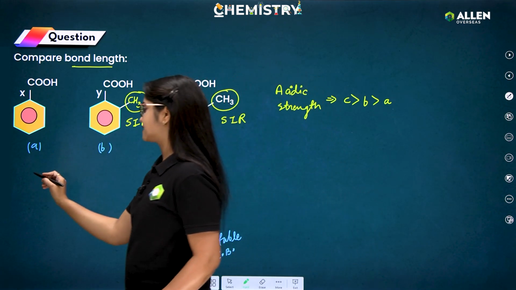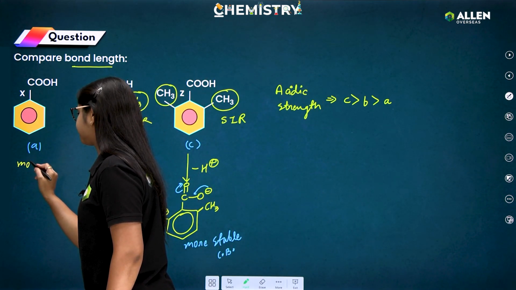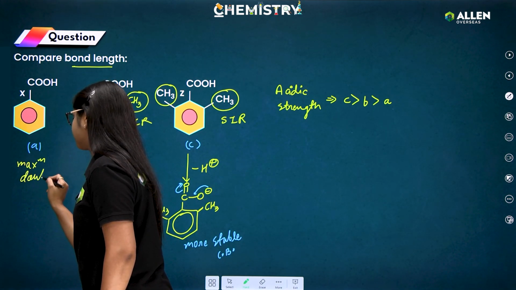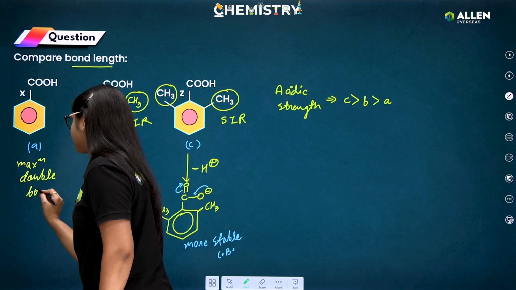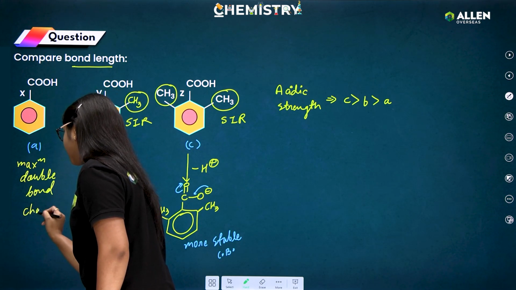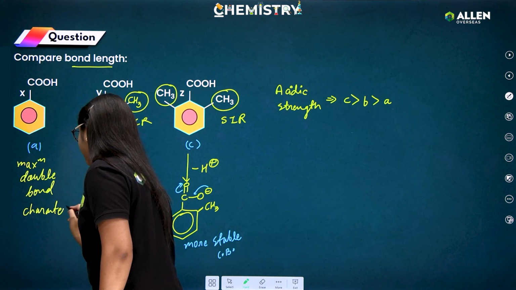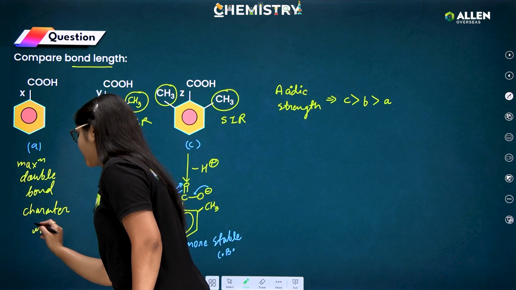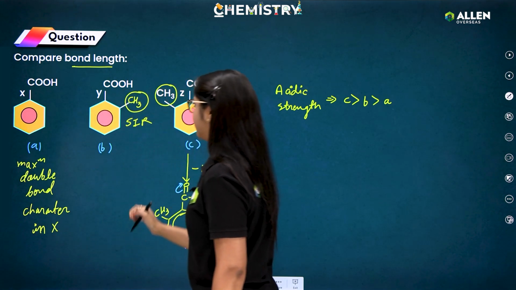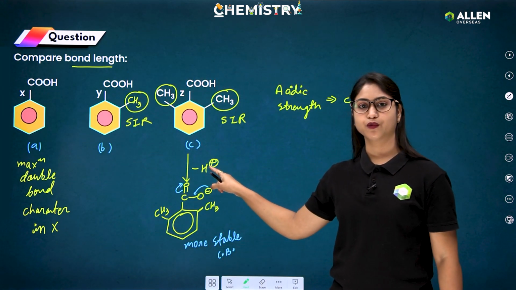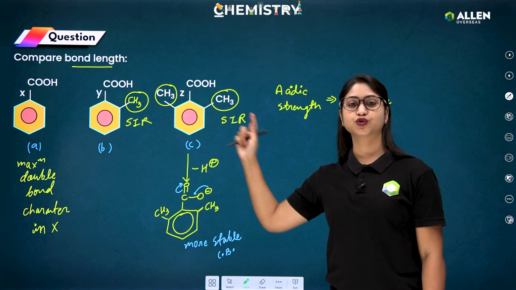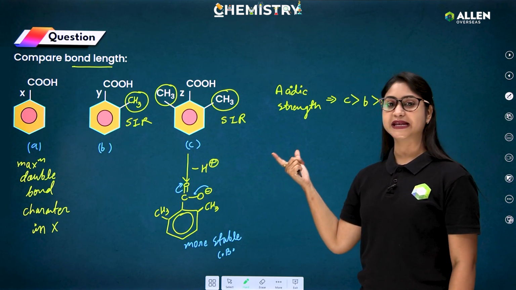Due to resonance, there will be partial double bond character between the carbon of benzene and the carbon of the carboxylic acid. So we can say maximum double bond character in the X bond, okay, in X. Whereas comparatively in the other one, where the resonance is least due to SIR effect by two ortho groups, the resonance will be least.